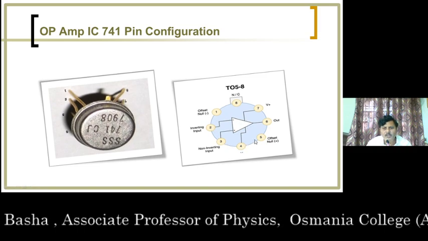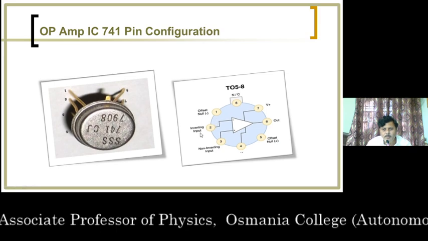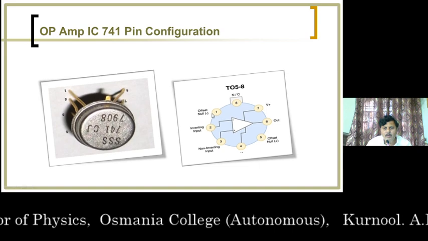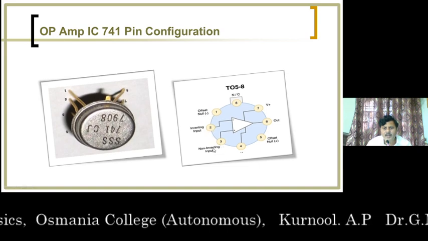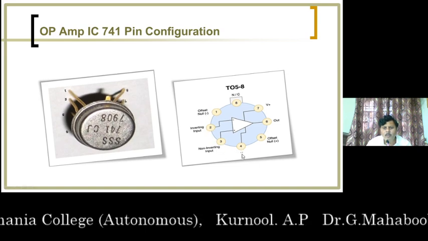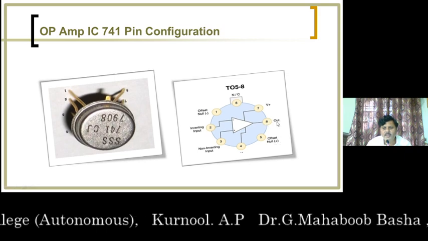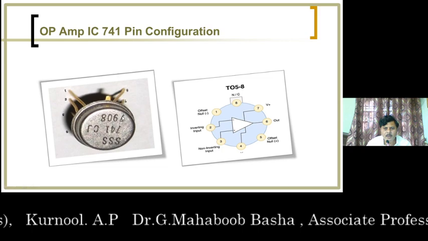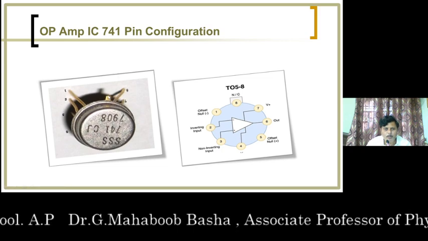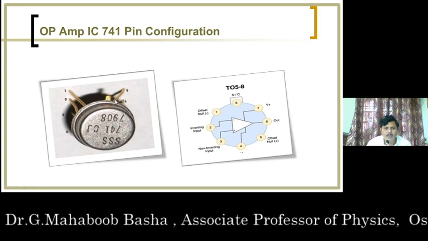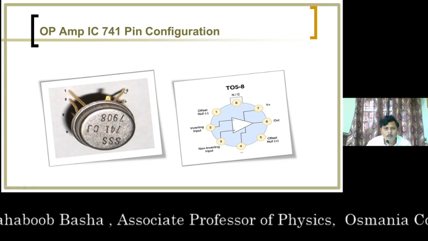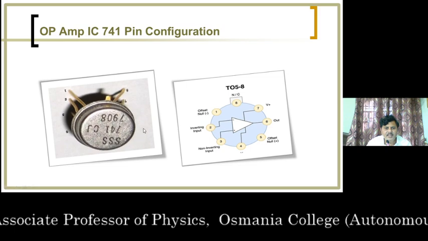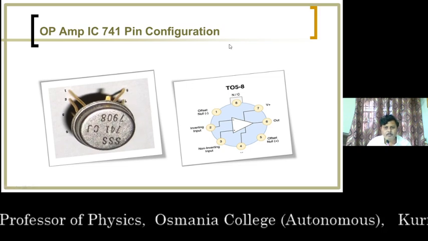The pin configuration shows the IC741 top view: 1 offset, 2 inverting, 3 non-inverting, 4 V minus, 5 offset, 6 out, 7 V plus and 8 is no connection. Here we should remember this pin: the one near this terminal is the no connection pin. So we count the pins of the IC in the anti-clockwise direction.